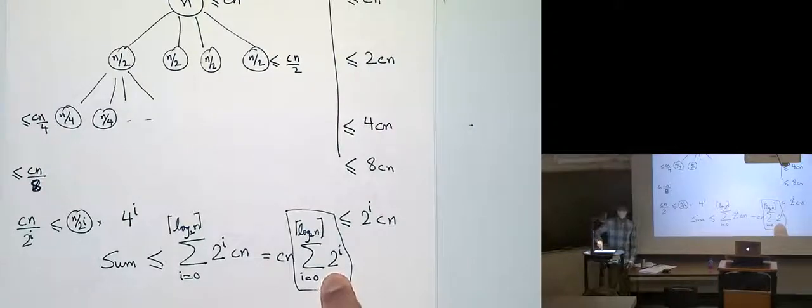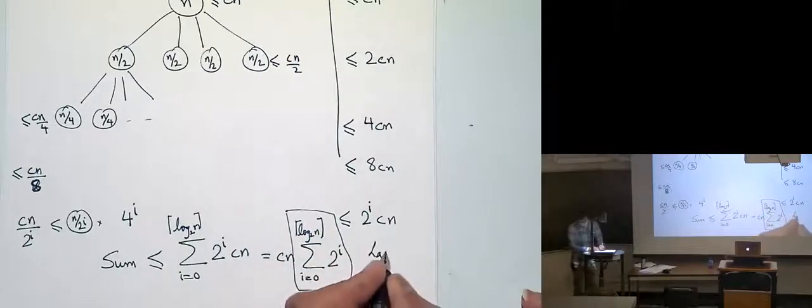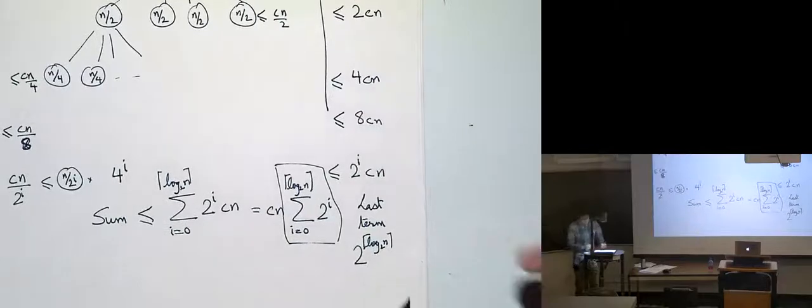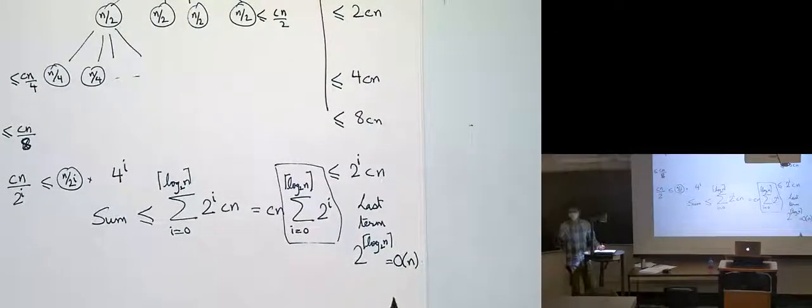Remember that? Exponential sum. The last term is what? The last term is 2 to the ceiling of log base 2 n, whatever. This is just O of n. So it's n or 2 times n, at most 2 times n.